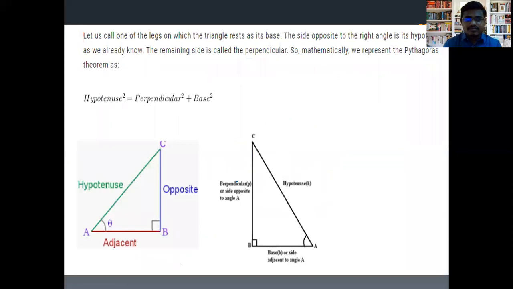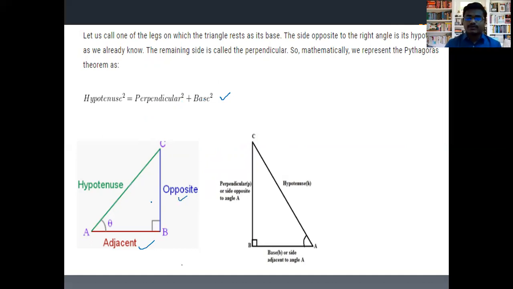Let's see why we have come to trigonometry when we already have Pythagoras. You might have heard of the Pythagoras identity: hypotenuse squared is equal to perpendicular squared plus base squared, or we can write it as c squared equals a squared plus b squared, or b squared equals c squared minus a squared, depending upon the hypotenuse, adjacent and opposite sides of the triangle.